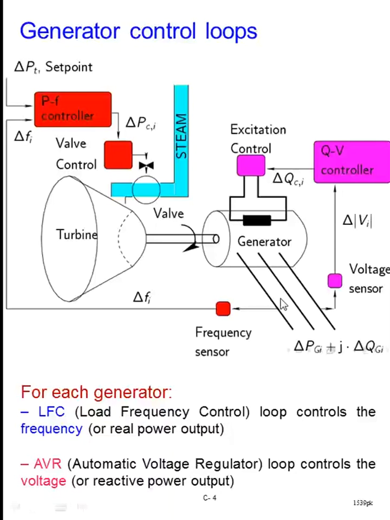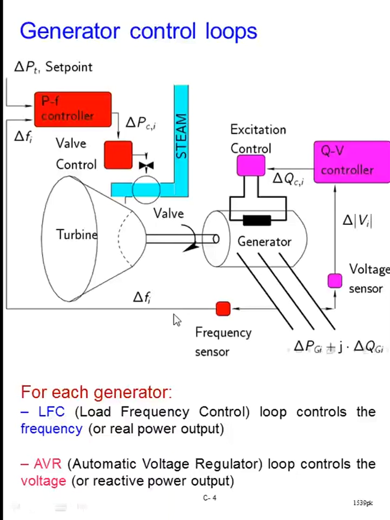So in each generator, you have two control loops. One is the AVR control loop, or the generator terminal voltage control loop. And the second one is the frequency control loop. Here, remember that it is not the load frequency, but simply the frequency control loop, because as shown here, it is only the primary control loop.